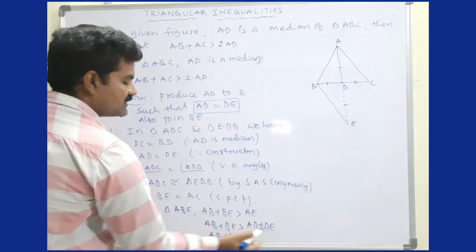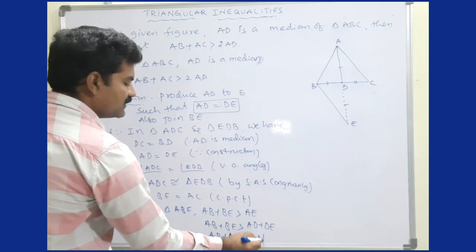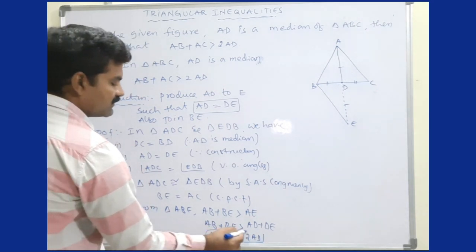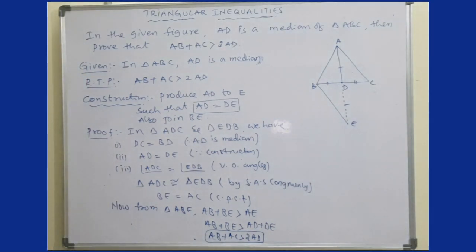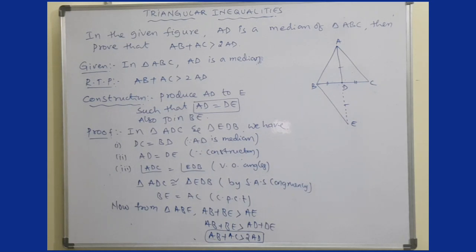Now AD plus AD is 2 into AD. So I think this is the condition we needed to prove: AB plus AC is greater than 2 into AD. Okay. Thank you.